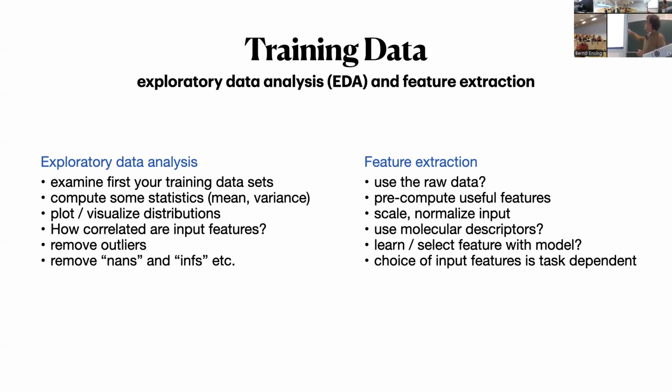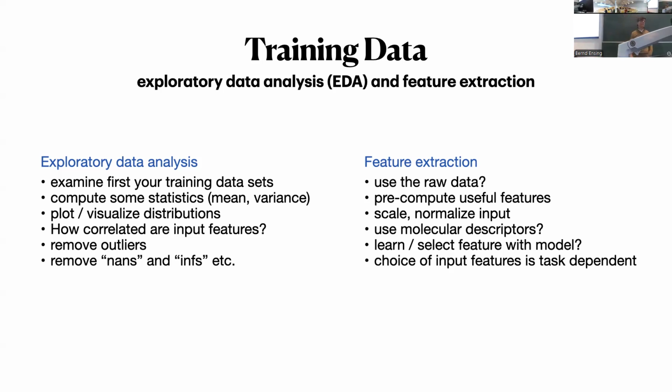Then what about feature extraction? Very often you cannot directly use the raw data, but you may want to transform the data into something that helps your machine learning algorithm a little bit. So you may want to pre-compute certain features.